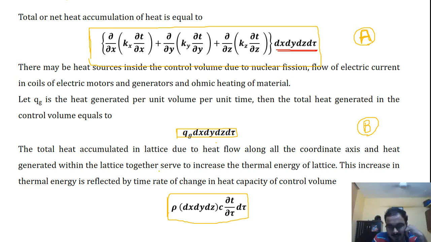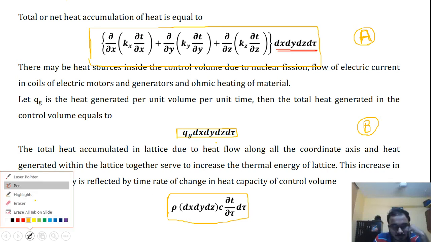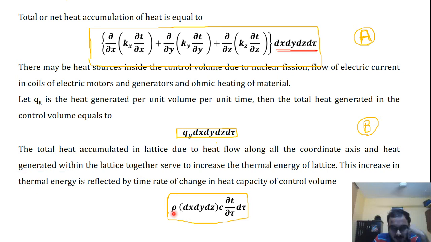If you see carefully, rho into dx dy dz is actually the mass, rho into V, that is M. C is the specific heat here, and del T over del tau is actually delta T. So this formula is related to the m c p delta T formula.